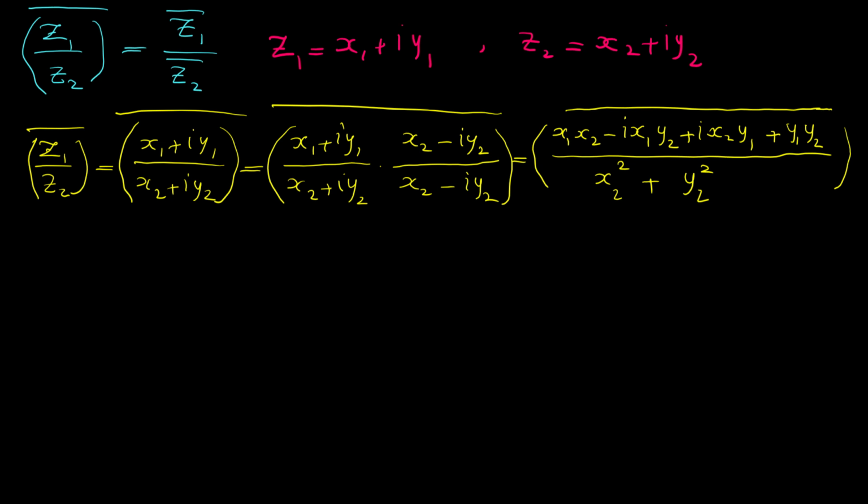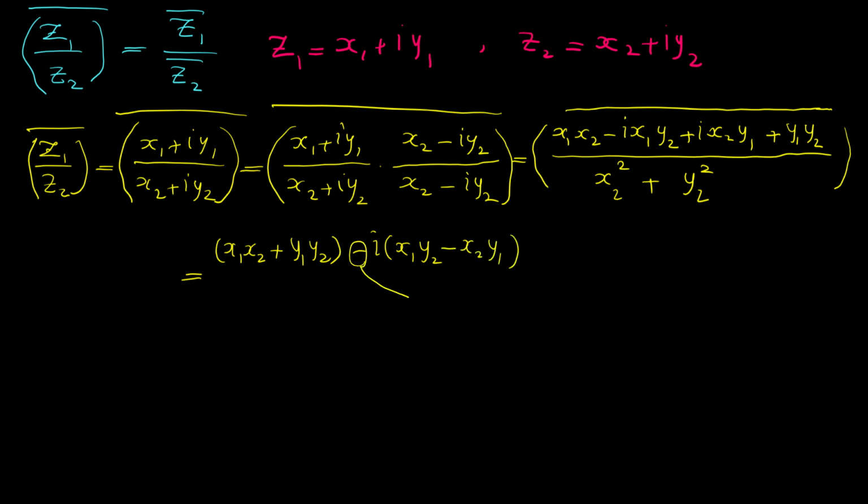Now, let's group in numerator real parts and imaginary parts in two different groups. So, we have in numerator x1, x2 plus y1, y2. And also, if you factor in negative i in numerator, we have negative i times x1, y2 plus, because we factor in negative i, the second term in the bracket would be negative i, negative x2, y1.